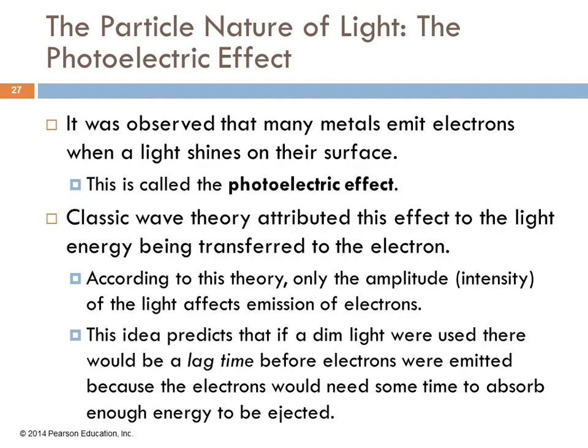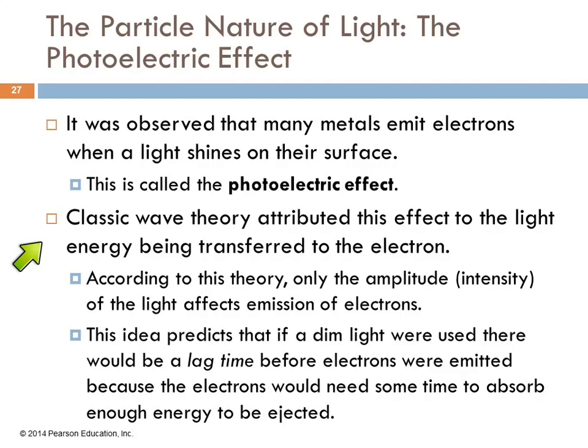So one of the things that kind of led to investigations that led to quantum mechanics was the photoelectric effect. They observed that when you shine a light on a metal, not all metals, but many of them, the metal will emit electrons.